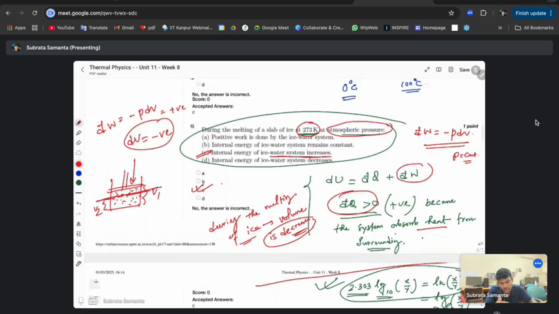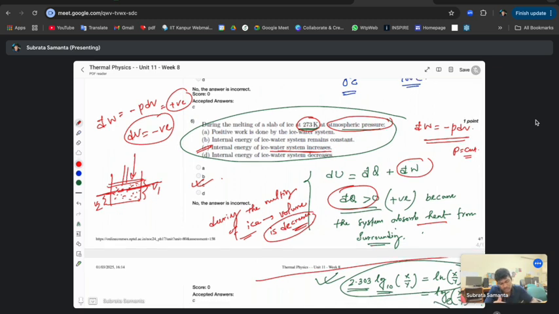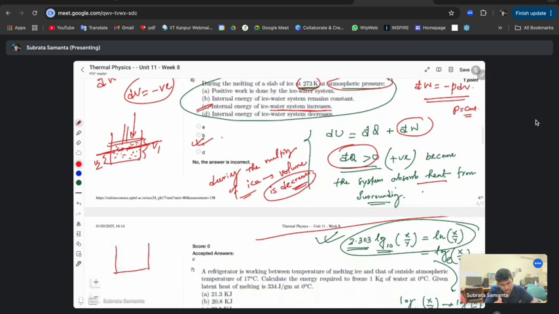But suppose you consider the reverse, opposite scenario, where the system works. This is your V1, and after some time the system expands, and this is V2. In this case, dW is, according to this convention, minus P dV.